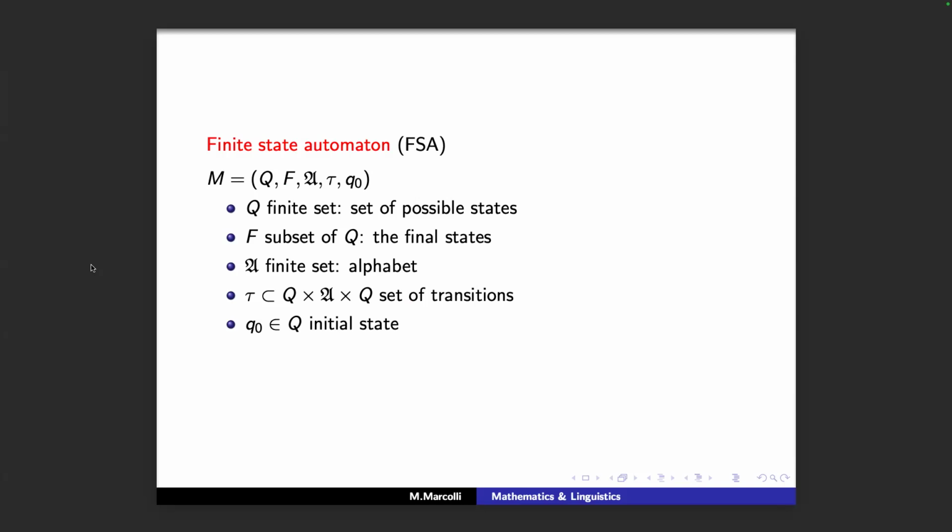Then you have a finite set that is an alphabet that marks the directed edges in this graph. So the set of possible transitions of the finite state automaton is a subset of the product. It tells you the source and target vertices of your arrow, and what label you put on the arrow.